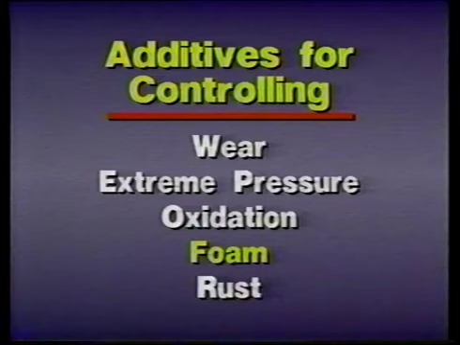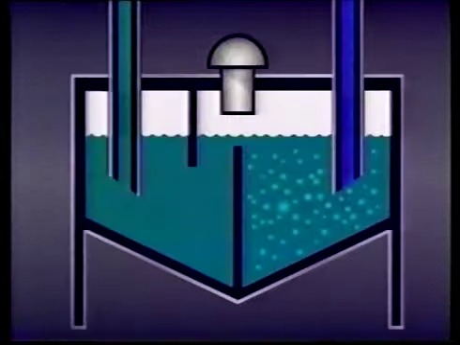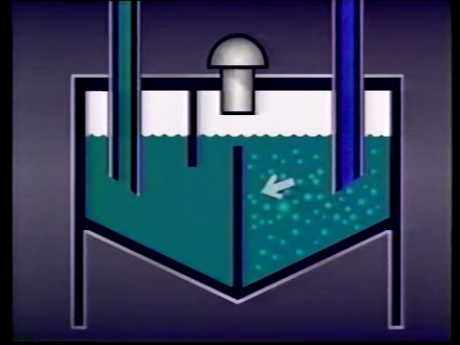Another additive often found in petroleum fluids is an anti-foaming agent. This chemical additive helps control the creation of bubbles in the oil. In many reservoirs, baffles are used to prevent returning fluid from being sucked directly back up into the pump. This allows air to escape from the fluid before it is drawn back into the system.